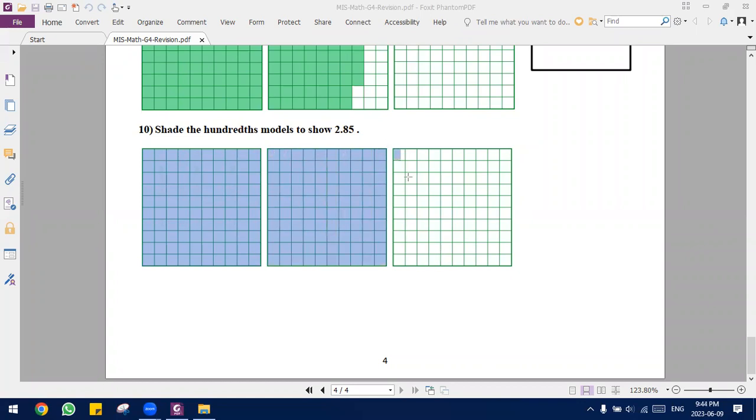As we said, each column like this is 10. So this is 10, 20, 30, 40, 50, 60, 70, 80. So this is 2.80. Now how much do we need? We need 5. So I start from here. 1, 2, 3, 4, 5.